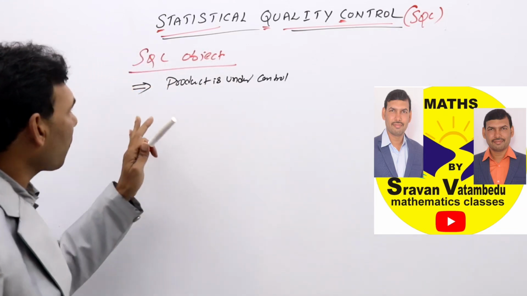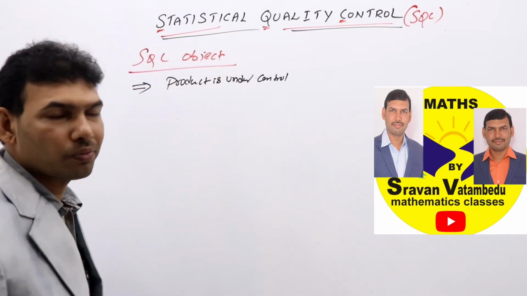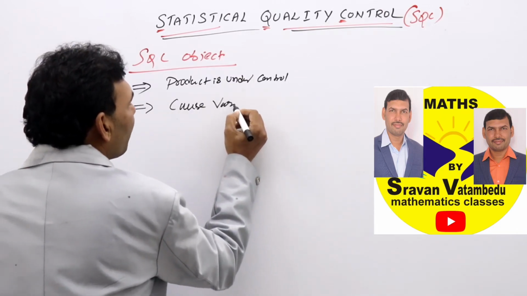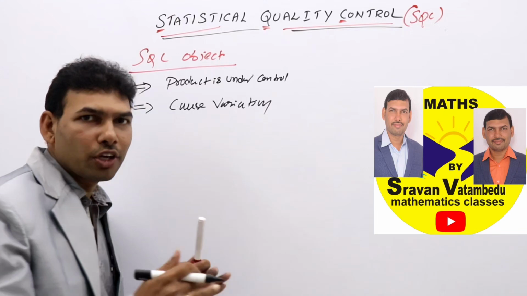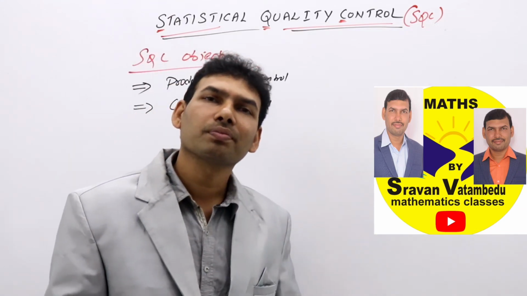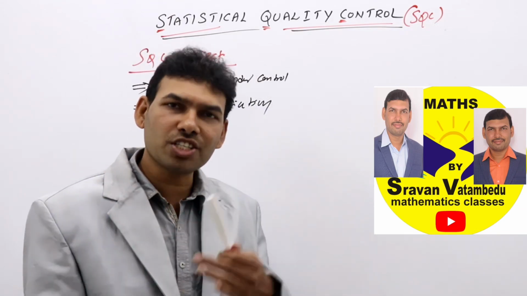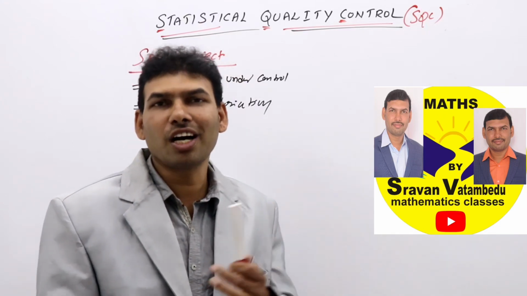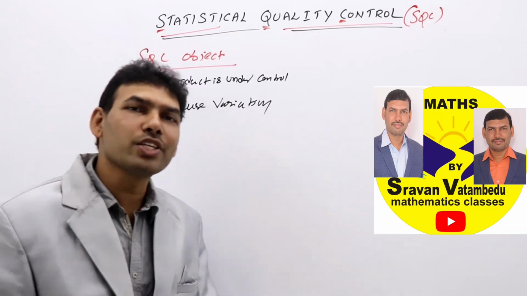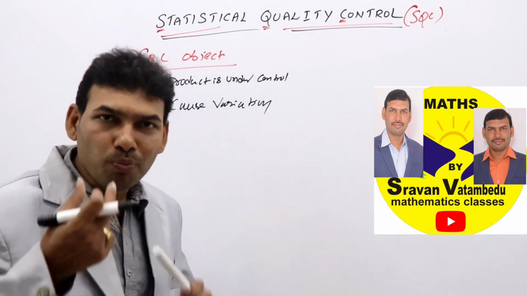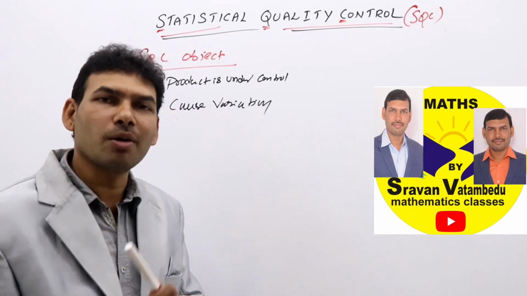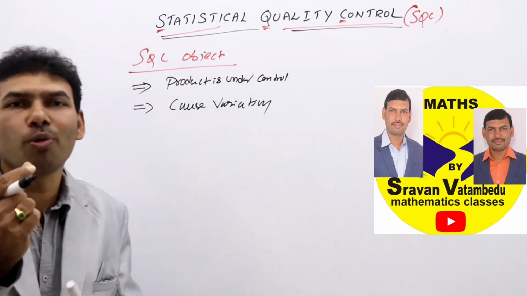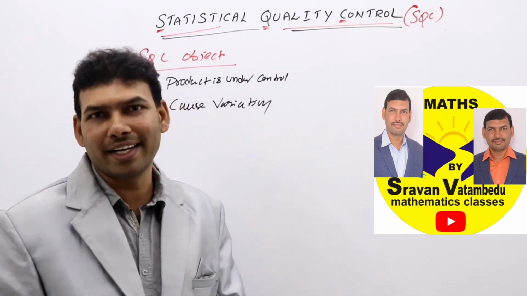If the product is out of control, what are the causes of variation? You keep a standard, but after the first stage, it is crossing the standard. For example, you need to prepare an engine part, one bolt of a certain diameter. It should have a diameter of 0.7 centimeter if you keep that standard.